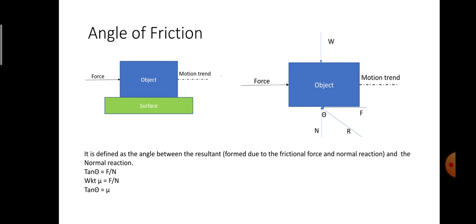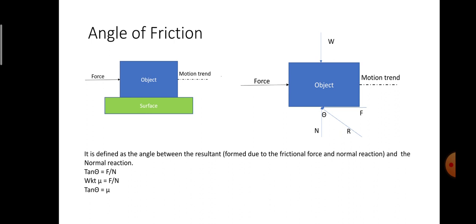I once again consider the object resting on the surface and subjected to a pulling force, wherein we can expect the motion trend in the same direction. The second sketch is the free body diagram, wherein W is the self weight, N is the normal reaction, and F is the frictional force opposite to the direction of the motion trend.